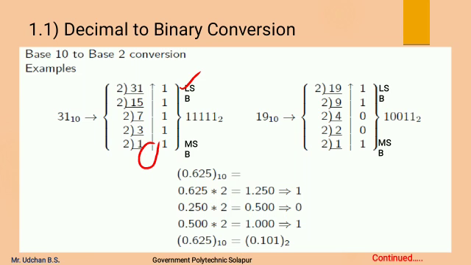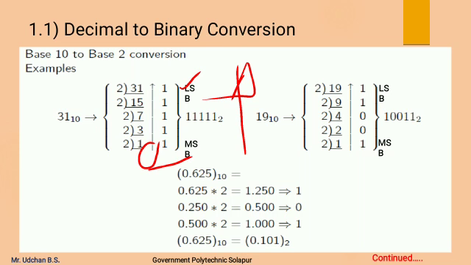Now stop the division and write down the dividend as a remainder, which is the MSB of our required number. After the division, write down the remainders, that is our required binary number, from MSB to LSB.